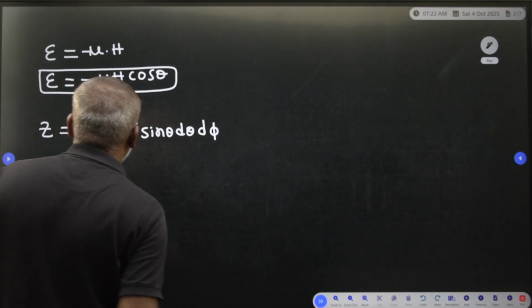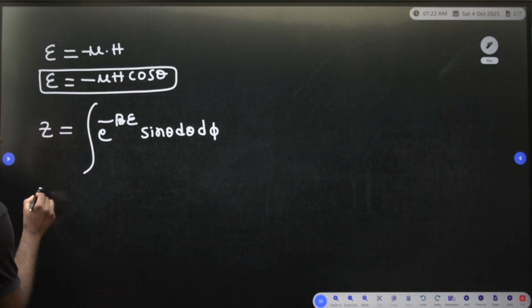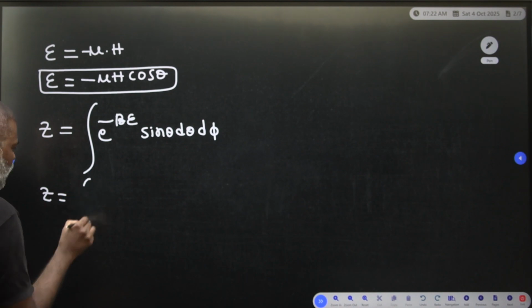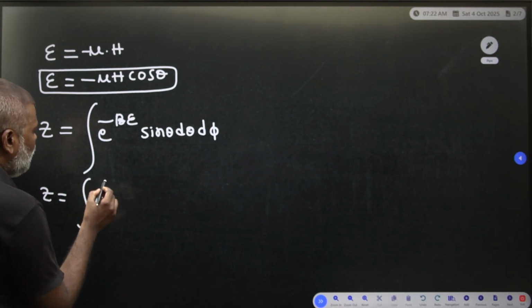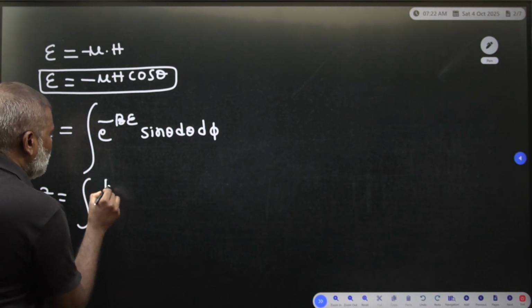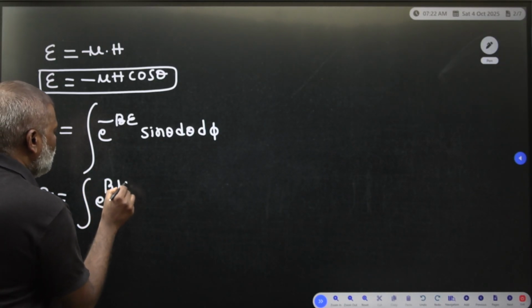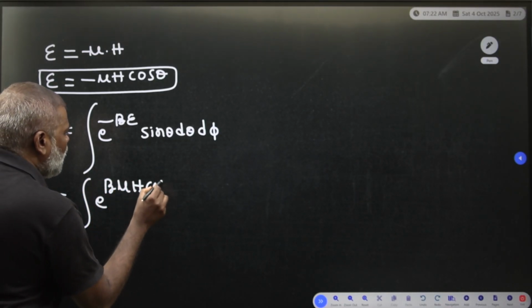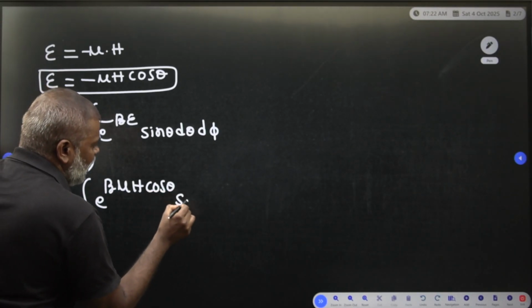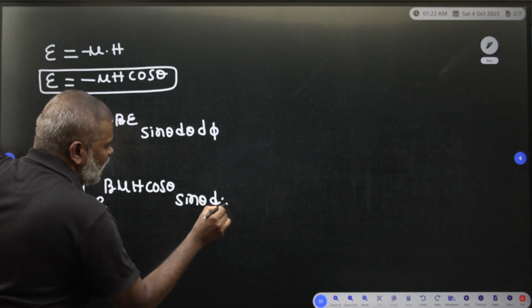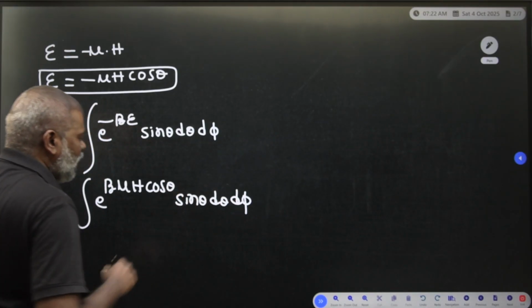Now substituting, Z is equal to the integral of e to the power of plus beta mu H cos theta into sin theta d theta d phi.